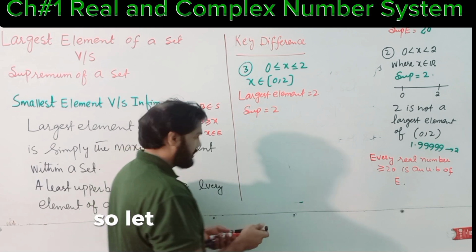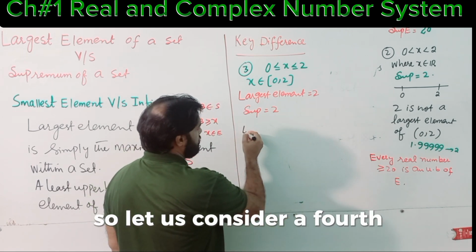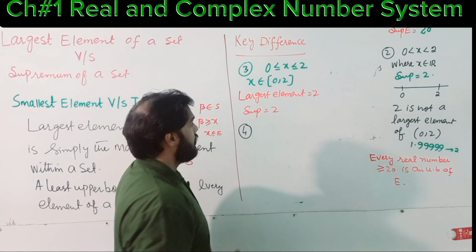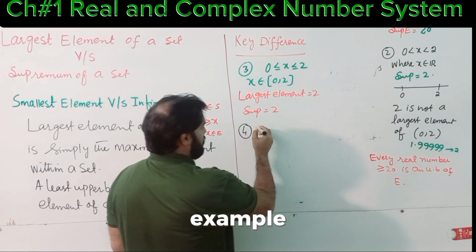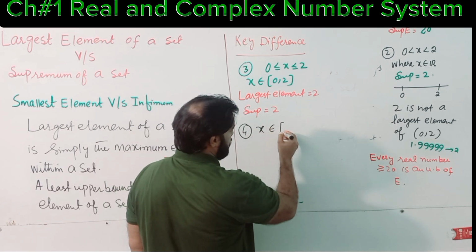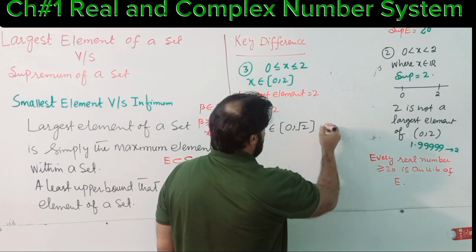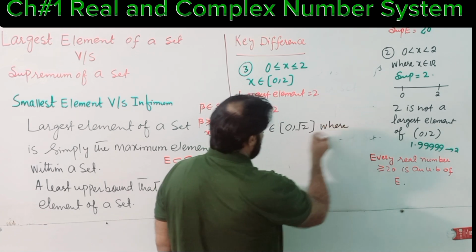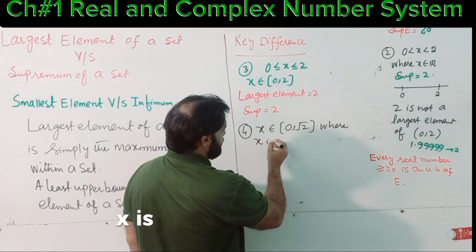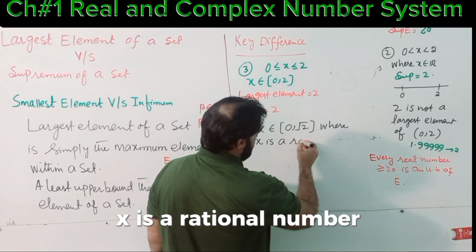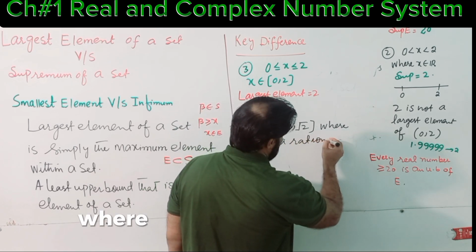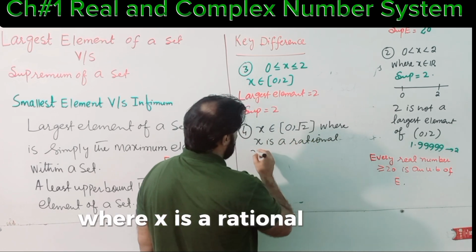So let us consider a fourth example. Suppose our x belongs to the closed interval 0 to square root 2, where x is a rational number.